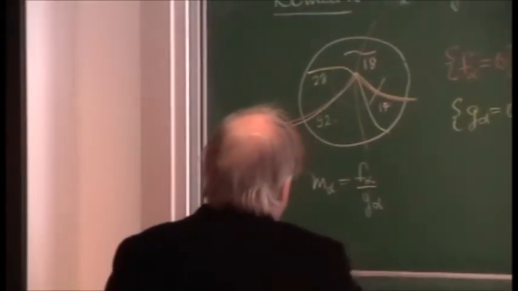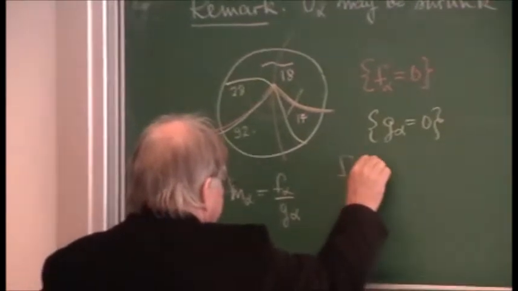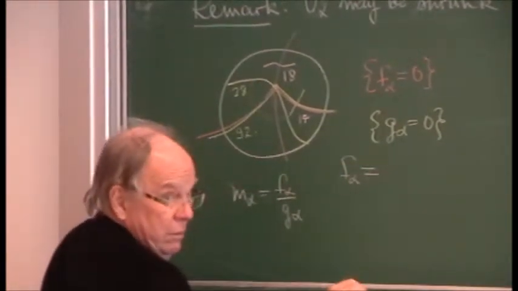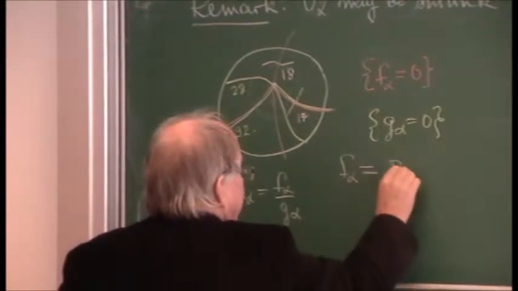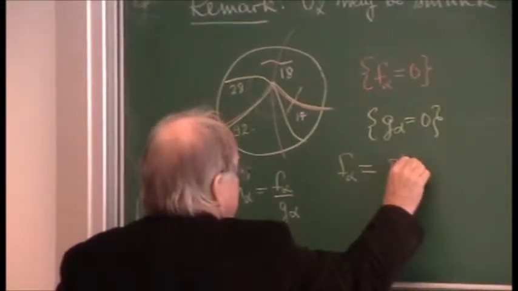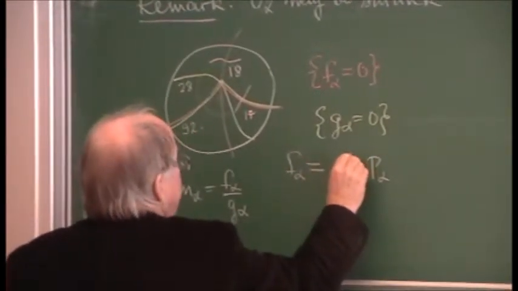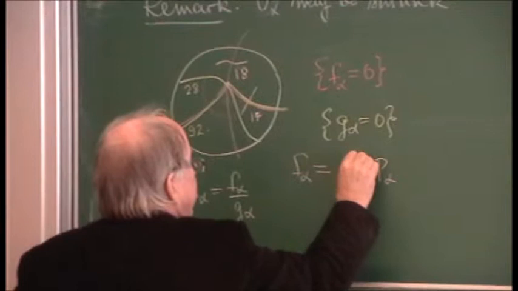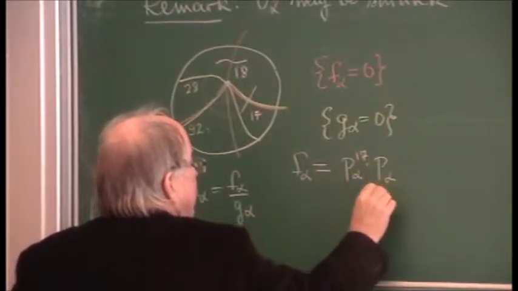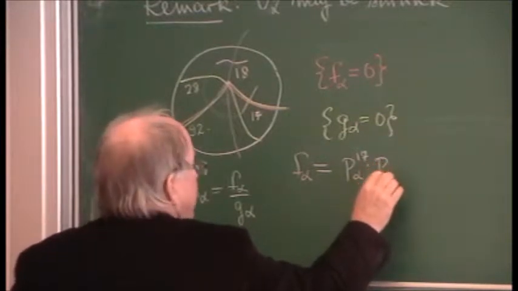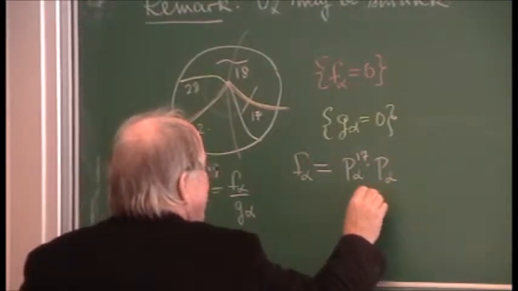You see, this F alpha, it's a unique factorization domain. So F alpha factors into P alpha 1 and P alpha 2. And P alpha is prime, so it's P alpha to the 17. My God. So, how do I do this?